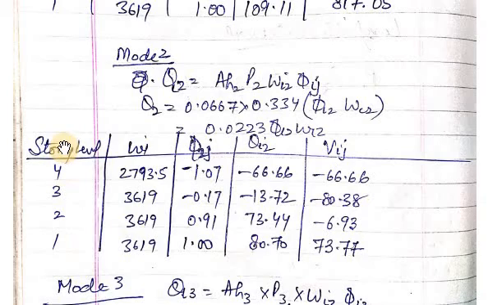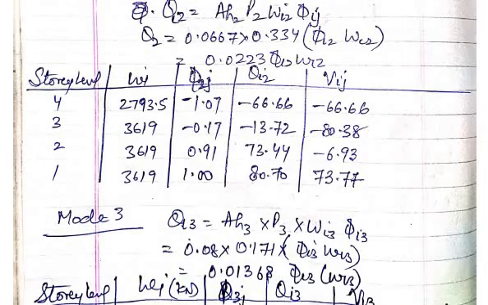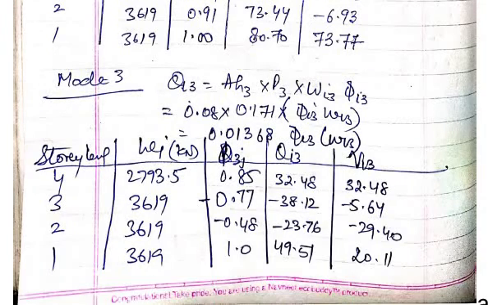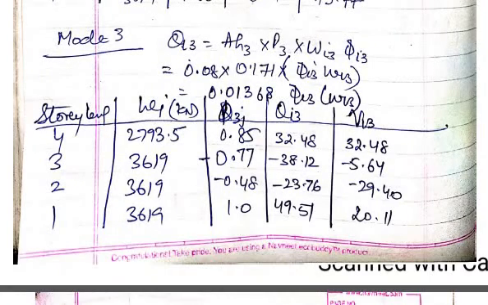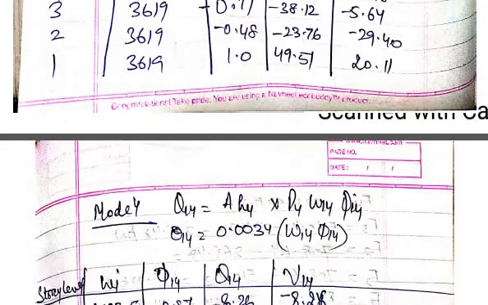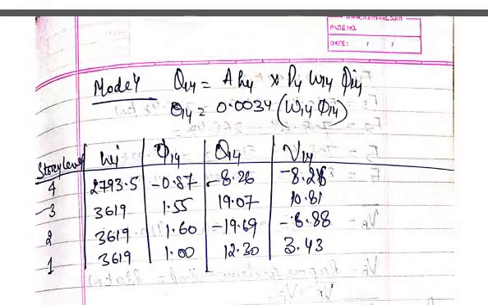Your story 1 to 4, seismic weight in this way, floor first, second, third is same and roof is different. Then your value of 512, then this is the cumulative of these two values. Similarly, we will calculate this for mode 3 and mode 4.